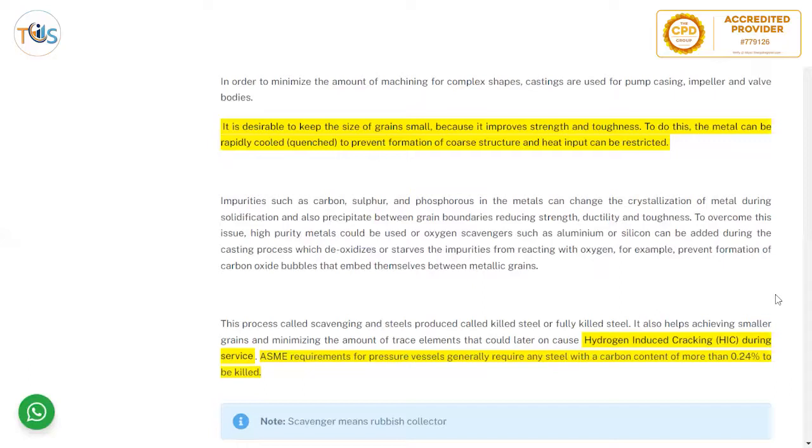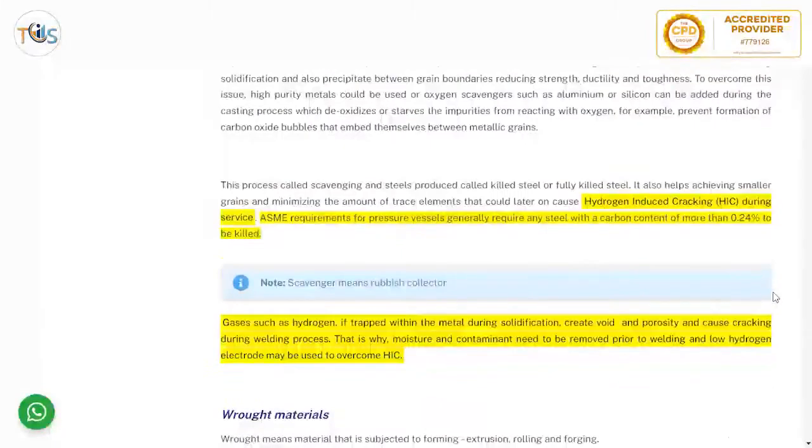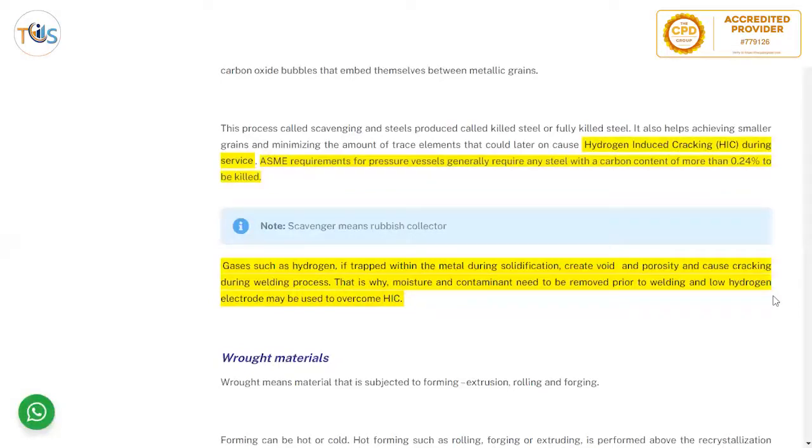For example, it prevents formation of carbon dioxide bubbles that embed themselves between metallic grains. This process is called scavenging, and steels produced are called killed steel or fully killed steel.